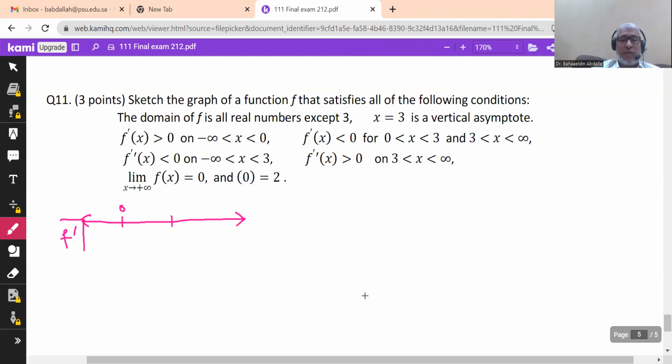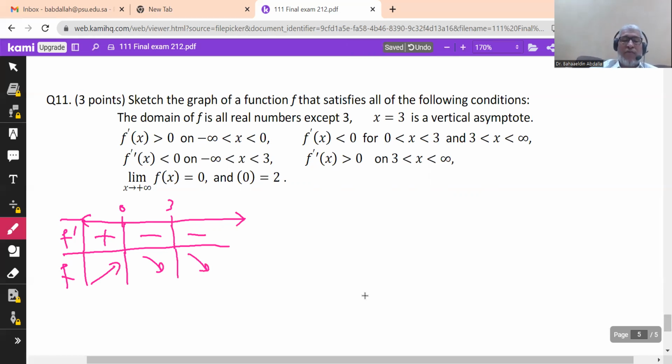So this is 0, this is 3. From negative infinity to 0, f prime is positive. From 0 to 3, f prime is negative. From 3 to infinity, f prime is negative. Okay. So I can get from here that f is increasing, decreasing, and decreasing.